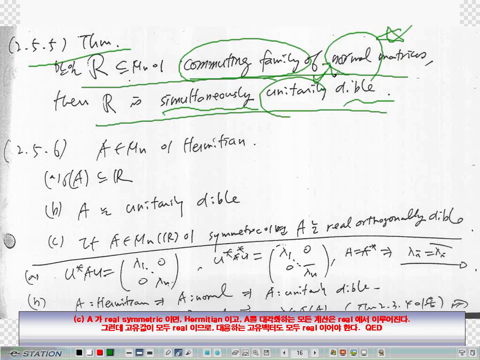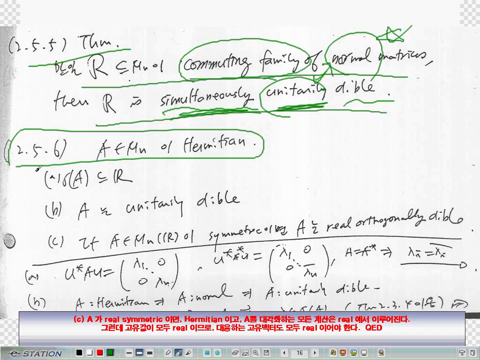Here, if you have a set of commuting matrices that are normal, then you have unitary diagonalizability with the previous property of simultaneous diagonalizability.